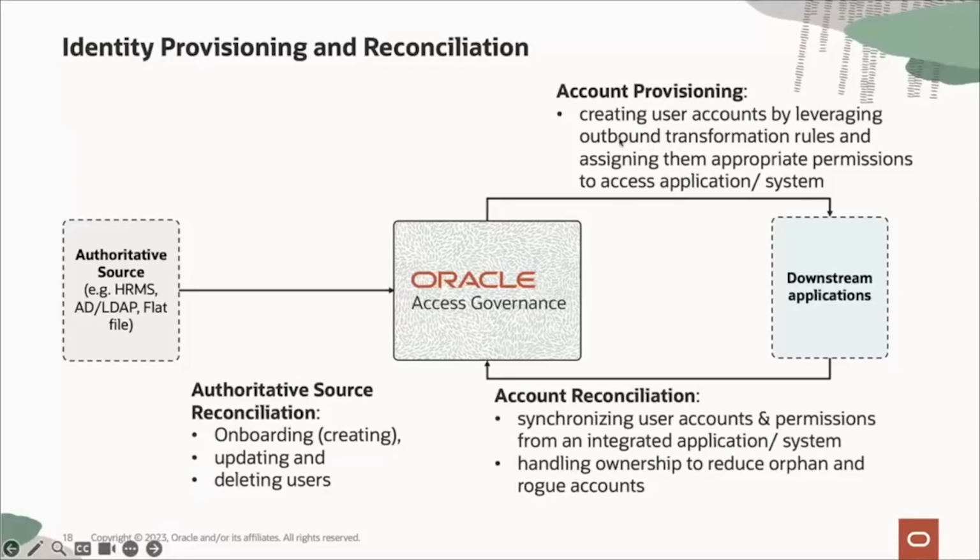So we also support the outbound transformation rules, where if you want to create some attributes on the target side, which are based on various expressions, like first name plus last name, or the first character of the first name and the remaining last name appended to create an email address. So all those transformations can be achieved in the downstream applications using the outbound transformation rules. So this is continuously evolved, and we will make it easy for organizations to manage the identity provisioning and reconciliation.